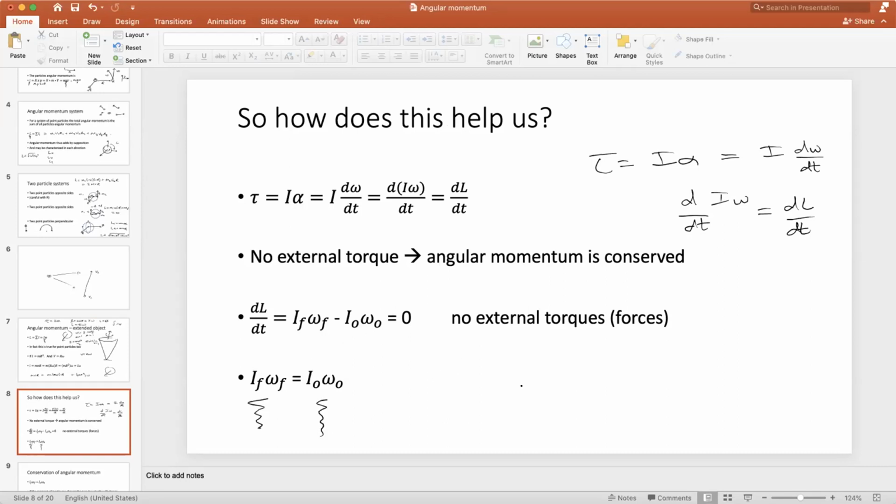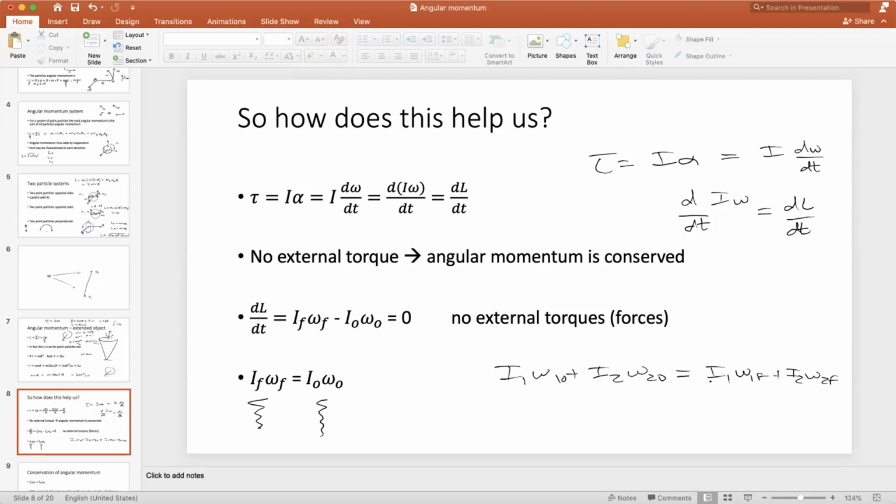And what this really means, though, is that I1 omega 1 initial plus I2 omega 2 initial is equal to I1 omega 1 final plus I2 omega 2 final, and we'll talk about this.